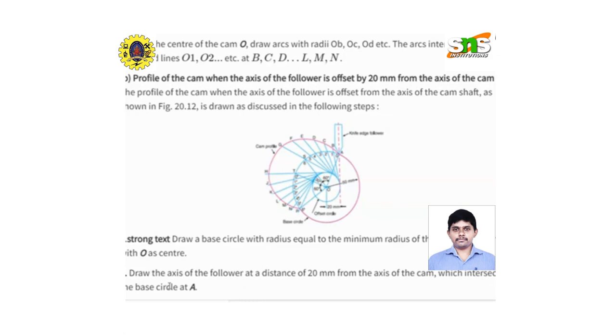Whatever procedure we started with to draw the diagram in the rise, the same procedure is repeated for the return. Okay, so that is why the names have been given like ABCDE and similarly HJKLM. Based upon the base radius it has been repeated.